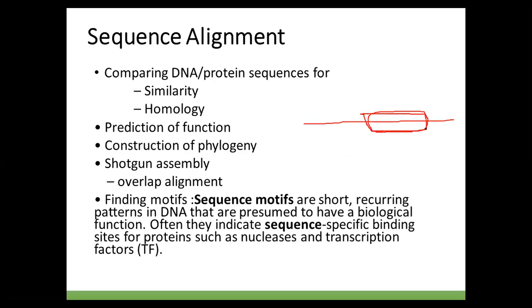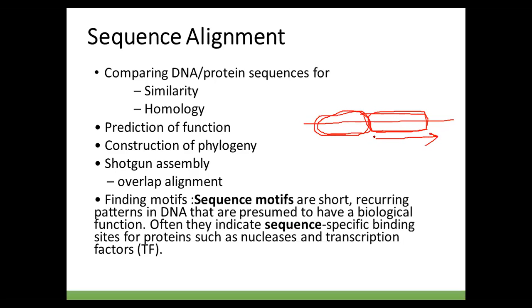Often they indicate sequence-specific binding sites for proteins such as nucleases and transcription factors. So that may be a region specific for a particular function, like activation of that particular gene. That region is responsible for activating the gene.